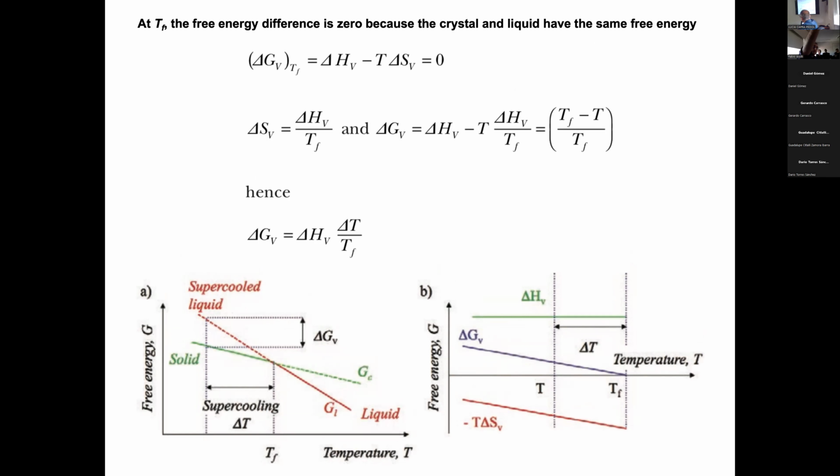And this, from a thermodynamic point of view, is the driving force of crystallization. So when we work on our systems, phase diagrams, experiments, natural samples, it's quite difficult to calculate the delta GV and to quantify the driving force in this way.